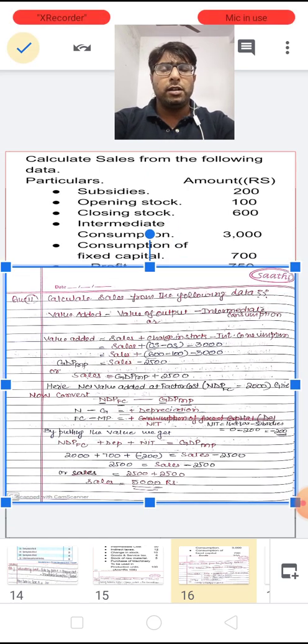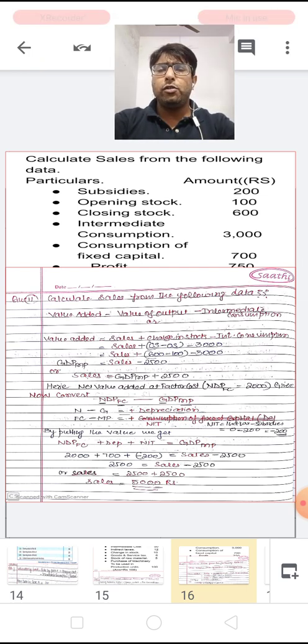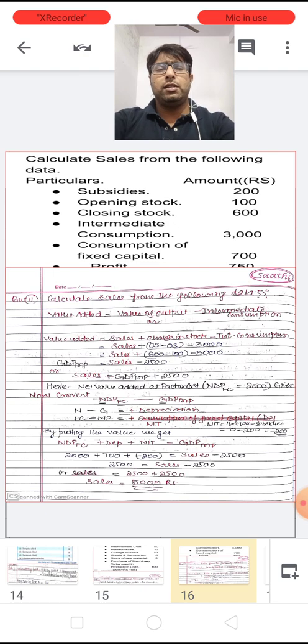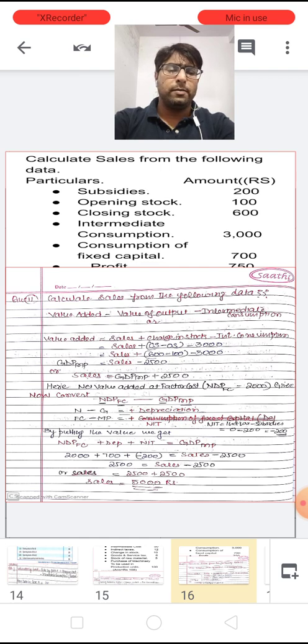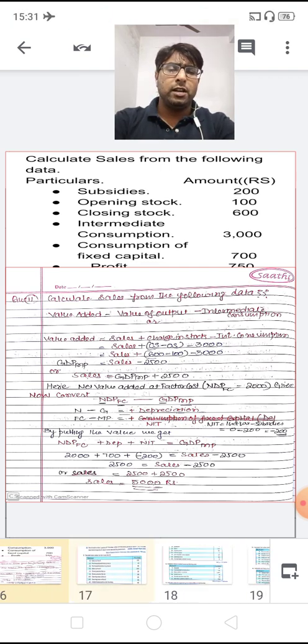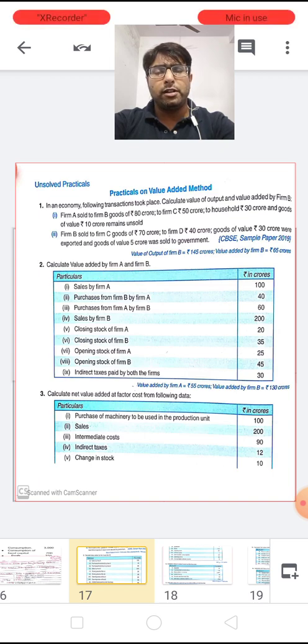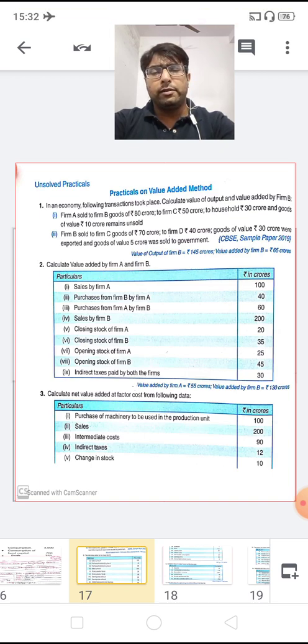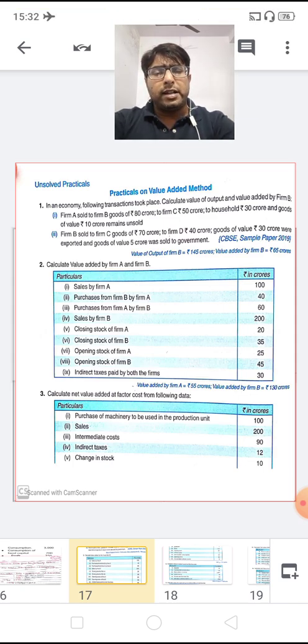Dear children, for your better understanding, I am giving you a few questions. You just solve these questions by yourself, and if there is any problem, do ask me the solution. So here you just see there are some unsolved numericals which have to be solved systematically.